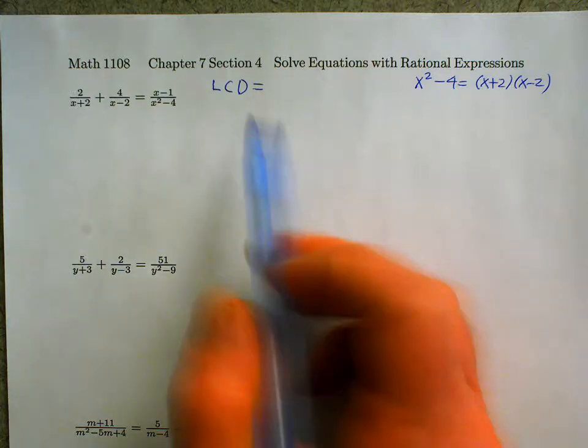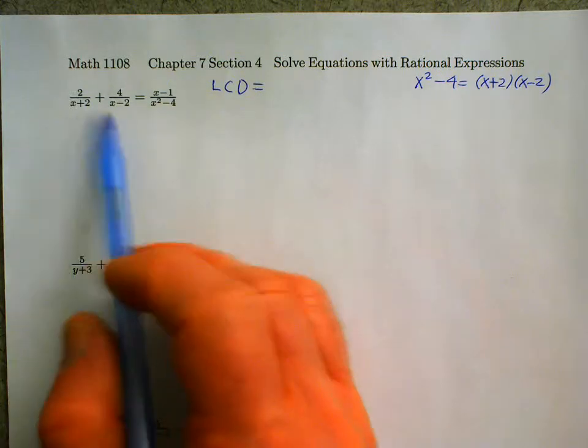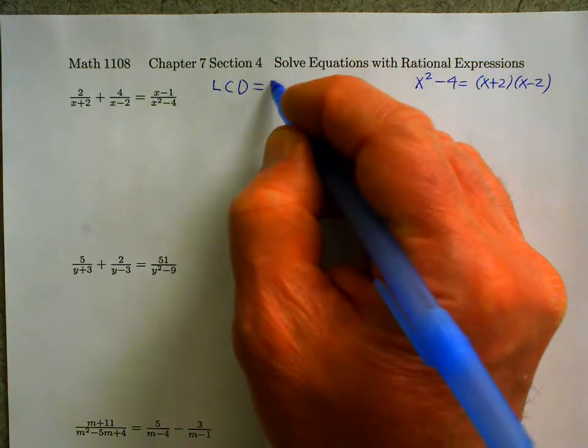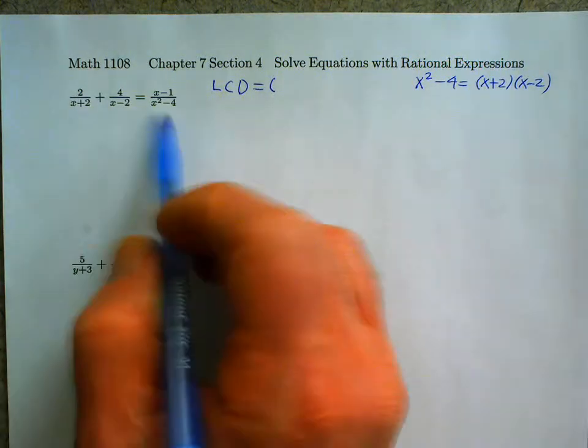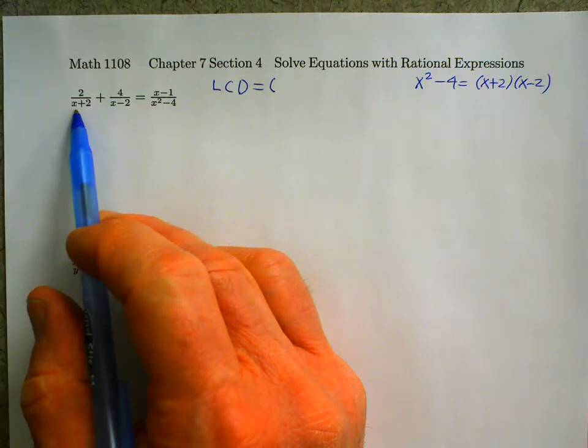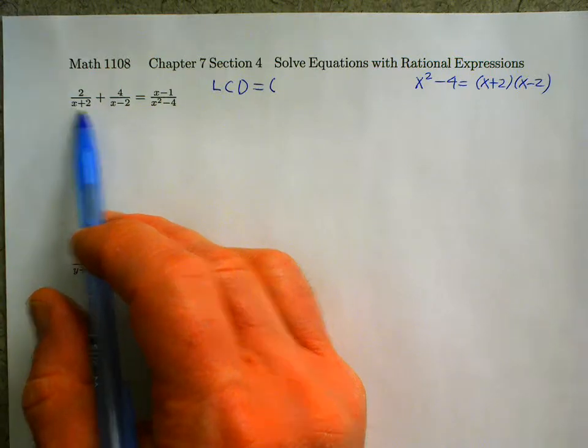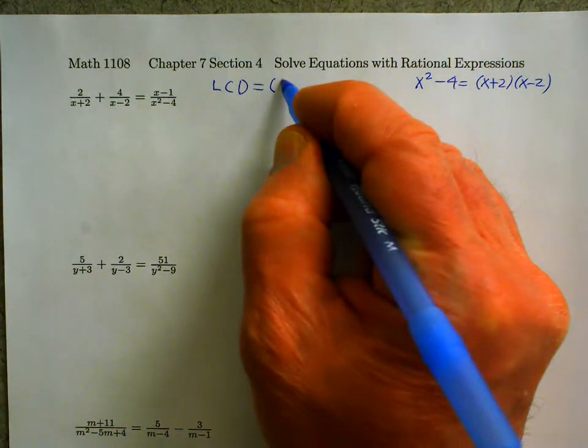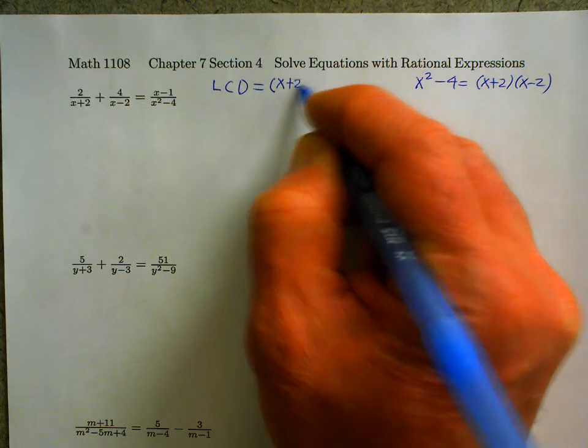Okay, so the least common multiple of the denominators has to have the factors that are in the three denominators. So this fraction has a denominator of x plus 2, so the least common denominator has to have x plus 2.